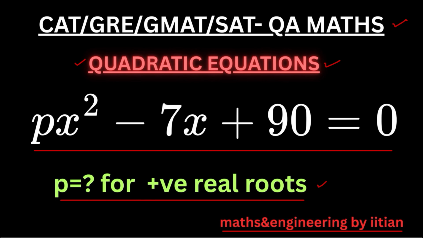The concepts and conditions for the positive roots is explained, and the original concept of quadratic equation, that is ax square plus bx plus c, is also explained. So that different types of concepts are explained and also discriminant conditions are explained.